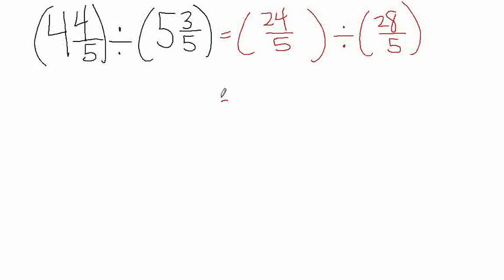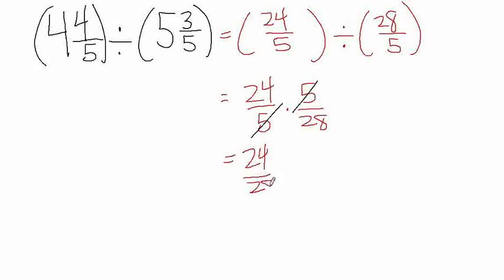Okay, and then to divide improper fractions, one way to do it is to convert it to a product of improper fractions. Okay, and we see that there's a 5 on top and a 5 on bottom. I can drop both of those, and so I have 24/28.